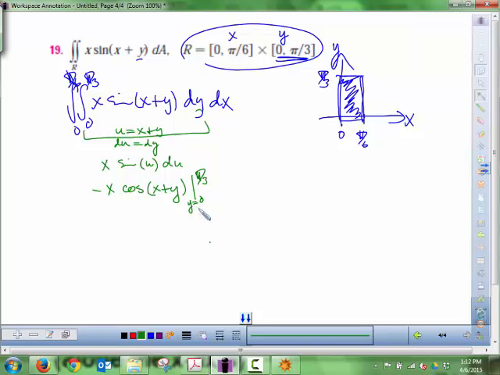So I know I'm going to put 0 and pi over 3 in for y, not x. So I have a minus x cosine of x plus pi over 3, plus, or let's just call it a minus, and then a negative x again, cosine of x plus 0.